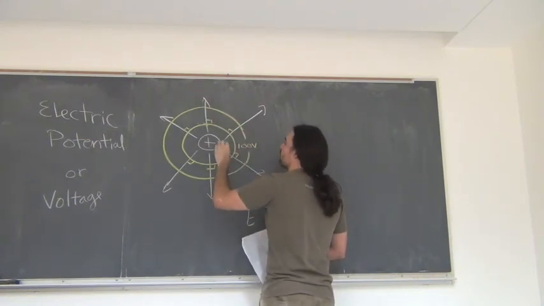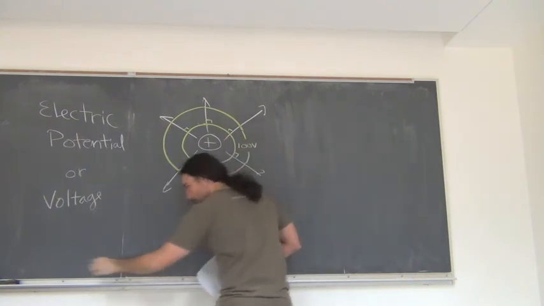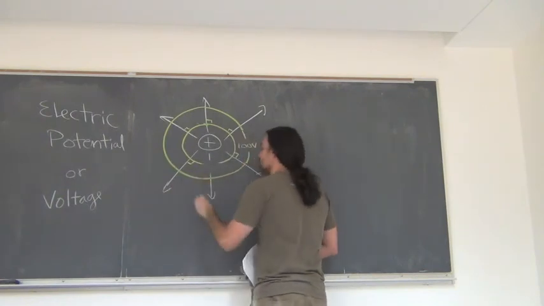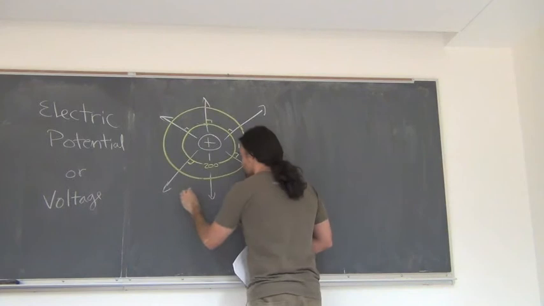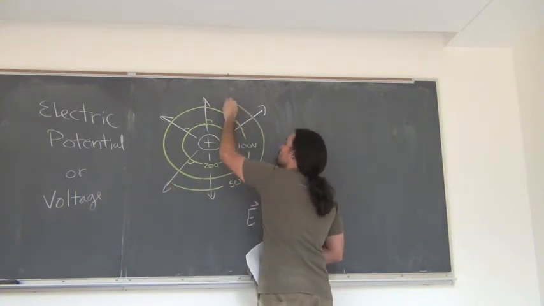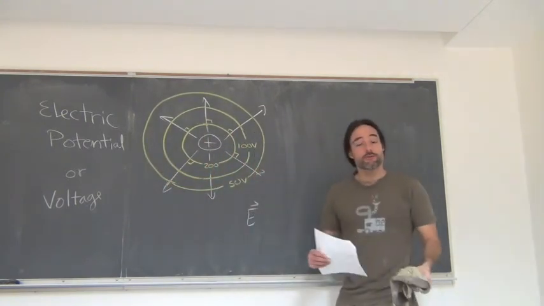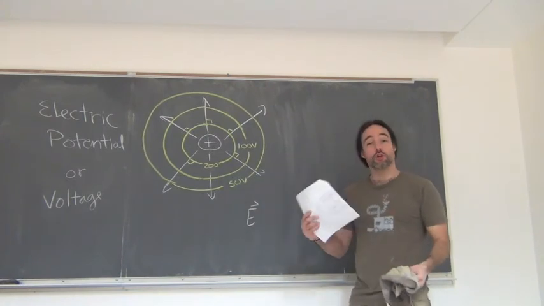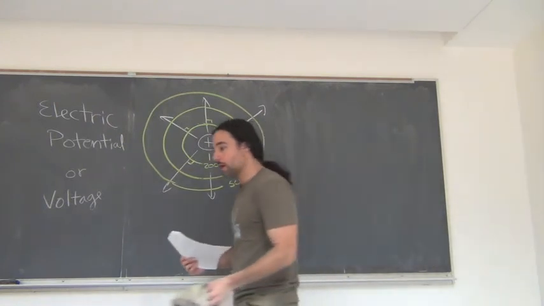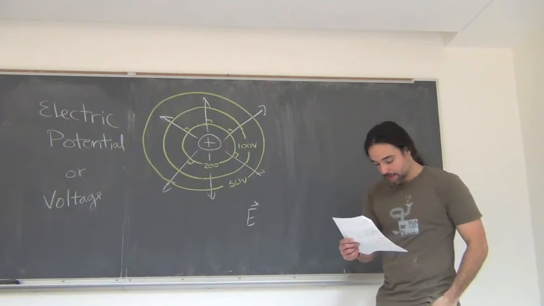We'll call this one the 200 volt line. Maybe this is the 50 volt line. Each concentric sphere around that charge tells me the potential at that point, whether it be 50 volts, 100 volts, 200 volts, whatever it happens to be.